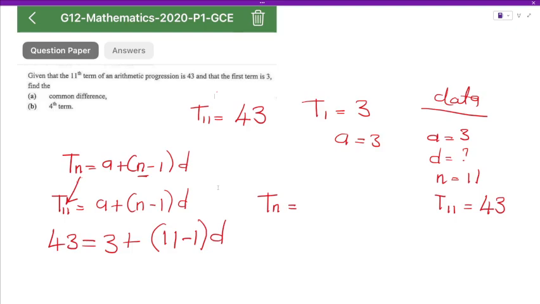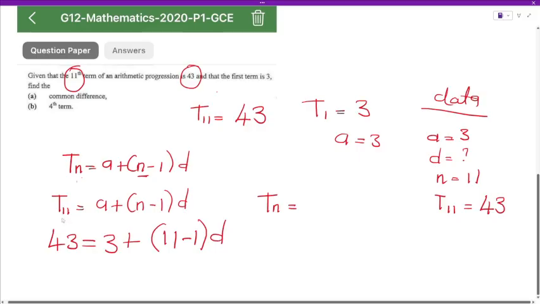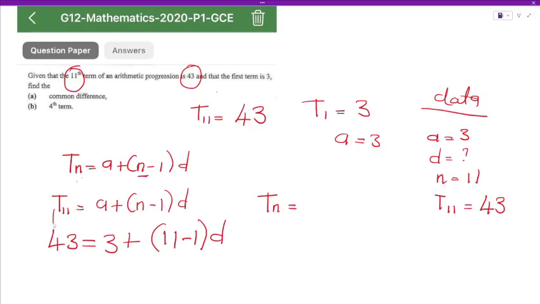So whenever you are given such a question, you are supposed to use the term they give you. Form a formula for the term they gave you. They've given us term number 11 in the question. They are saying the 11th term is equal to what? 43. So you write your formula for the term you have been given. Hence this formula for term number 11.